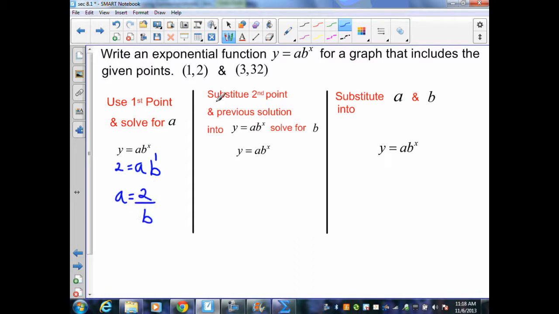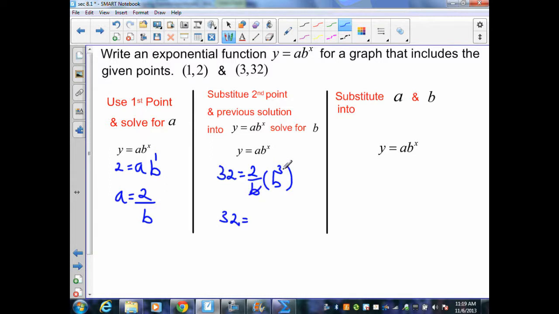Now I'm going to take the second point and my previous solution and substitute back into my exponential function. My second point, I know y is 32. A is known to be 2 over b. And I have b to the third power. And that's going to give me, when I simplify, 32.